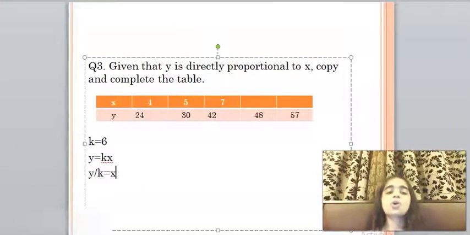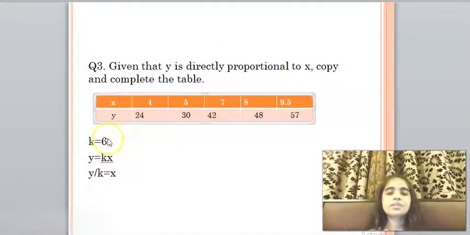Right? So y upon k will give me x. The y value is 48, and 48 divided by 6 equals 8. So our x value will be 8.